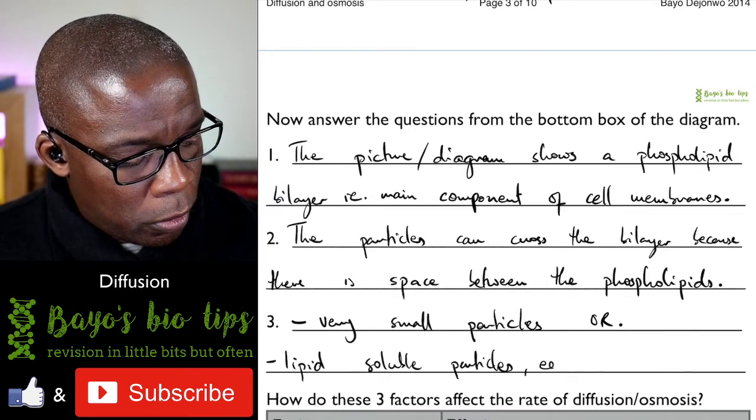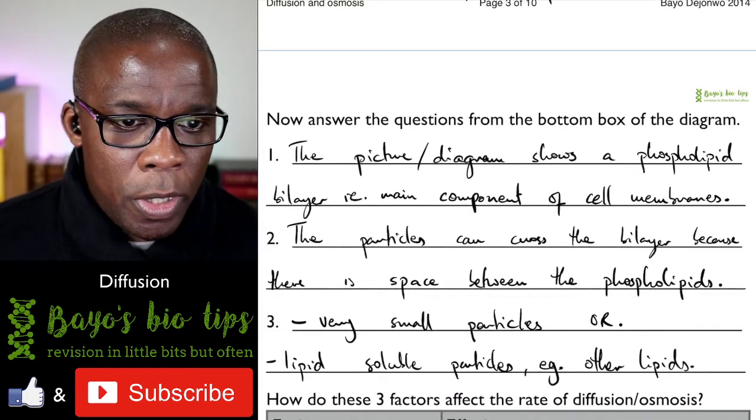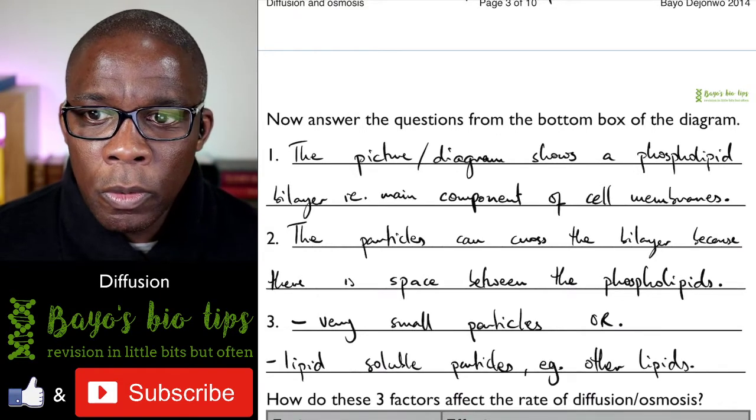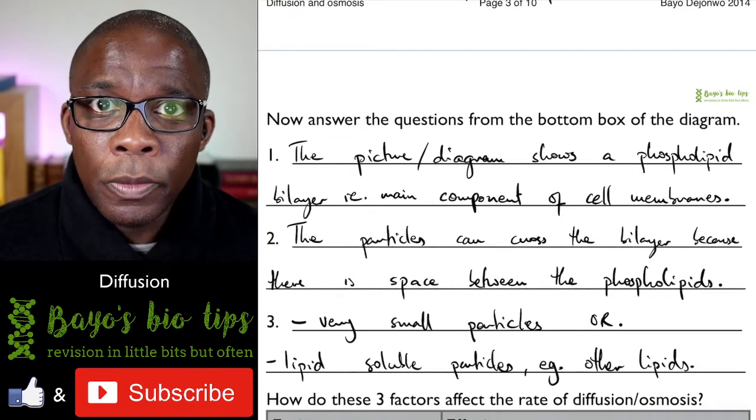For example, other lipids. Okay, so those were the answers to the questions. How well did you do?